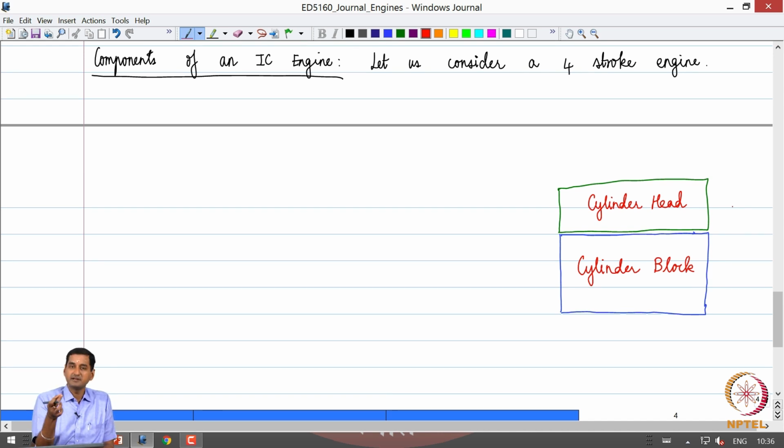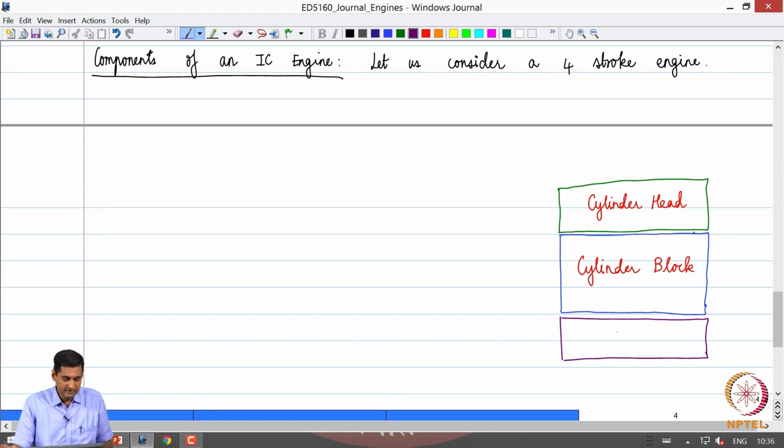They also contain the spark plugs in an SI engine, a fuel injector in a diesel engine and so on. All these components are contained in the cylinder head. And the third block of components is below the cylinder block, which we will call the crankcase.